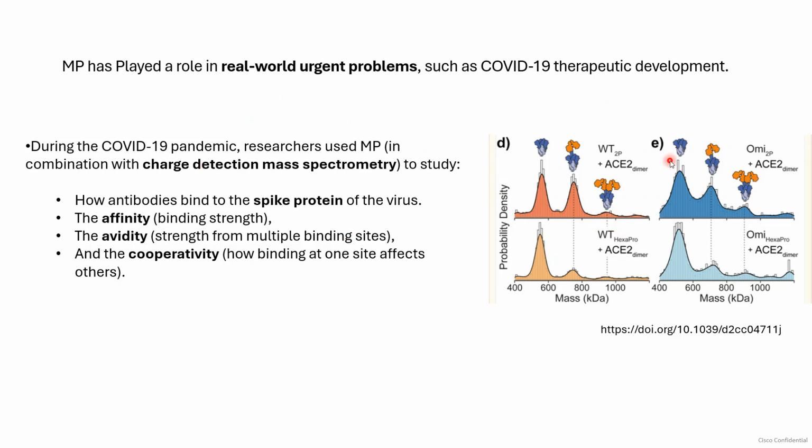Here you can see different mutants of corona, with which it is checking binding and affinity with the receptor in the presence of antibodies. The antibody that is more appropriate for dissociating its affinity with the receptor is more desirable, and in this way, within a short time, therapeutics can be designed, and we have the cure for the COVID pandemic, that is, our vaccines nowadays. So mass photometry played an important role at that time.